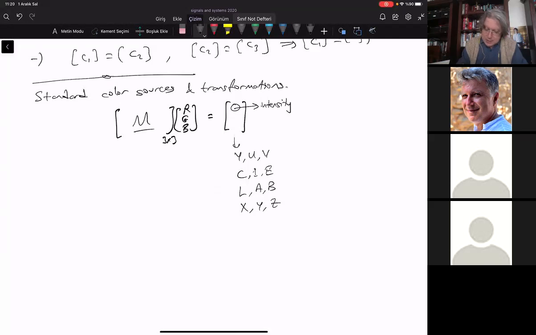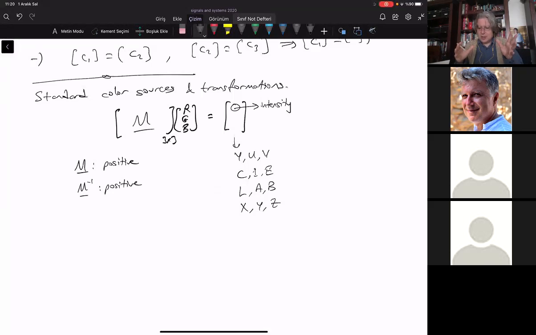But it requires M to be positive valued in all 3 by 3 elements, because it will be done with a circuitry, and circuits tend not to have negative power. So M should be positive, and M inverse should also be positive, because that's your television.